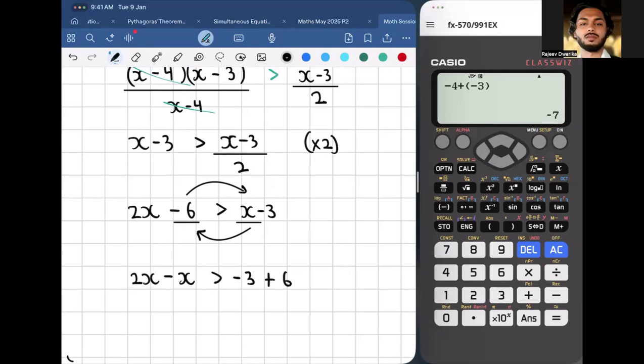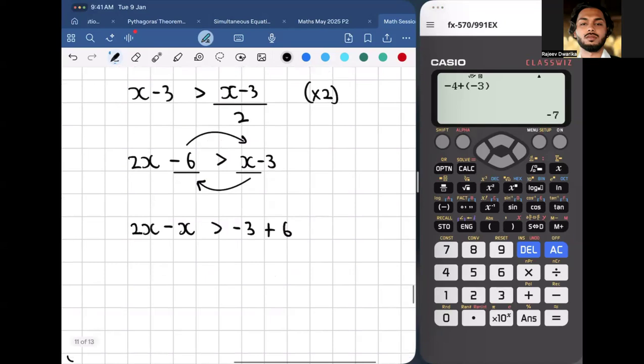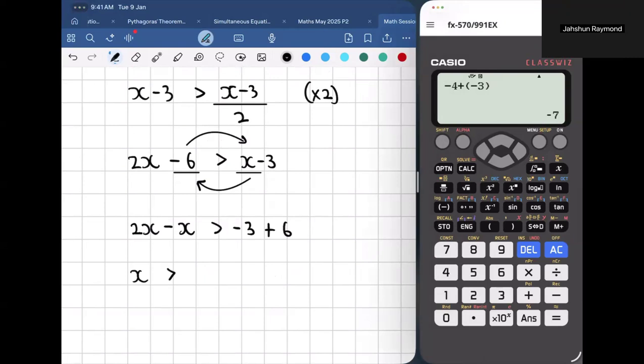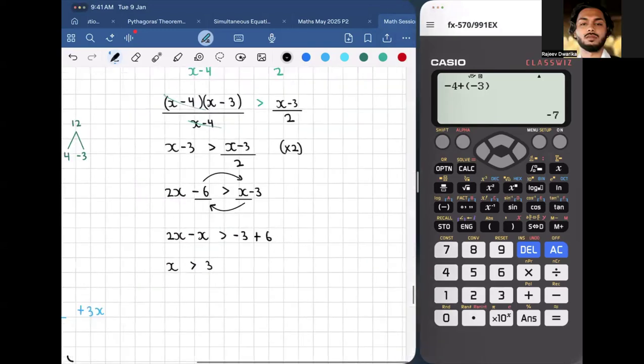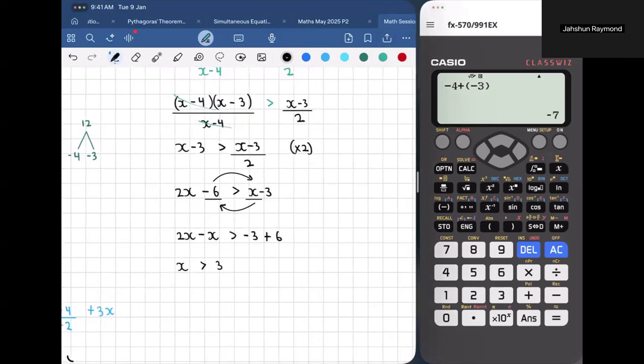Yes. What is 2x minus x? X. And what is minus 3 plus 6? 3. So that is the answer. You understand? Yes, sir.